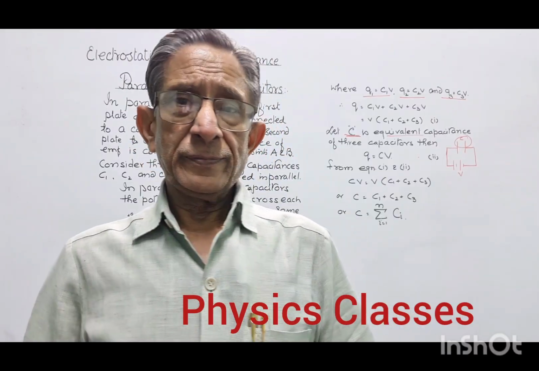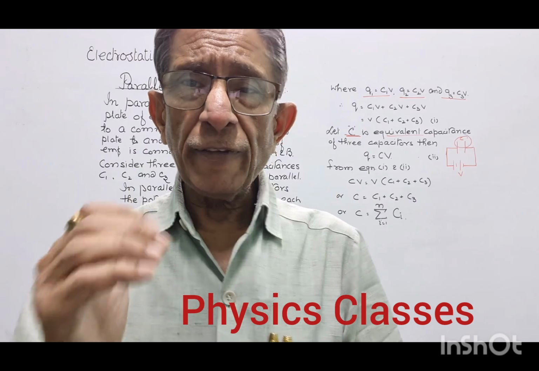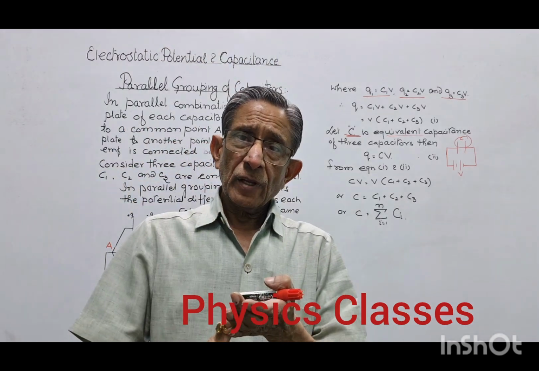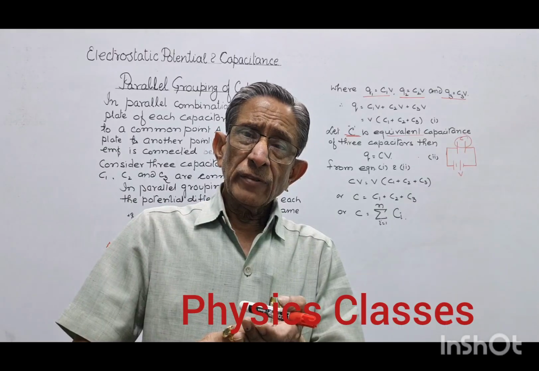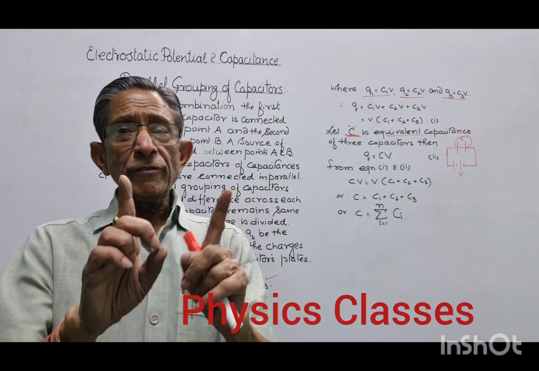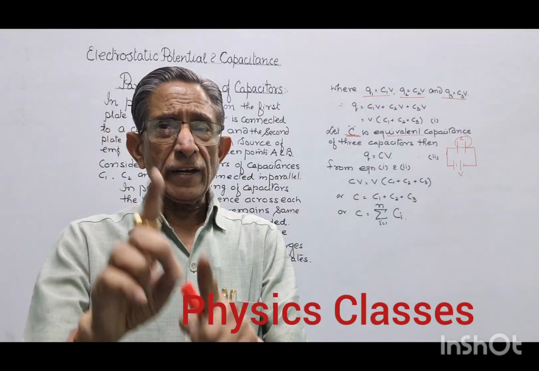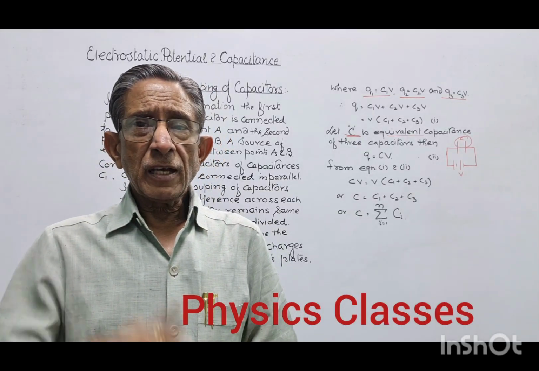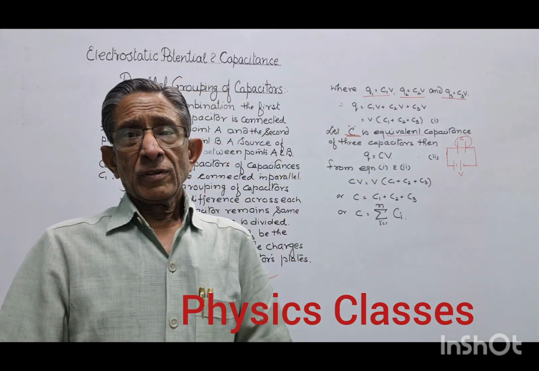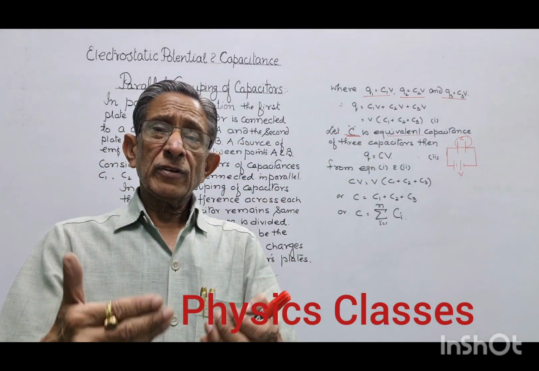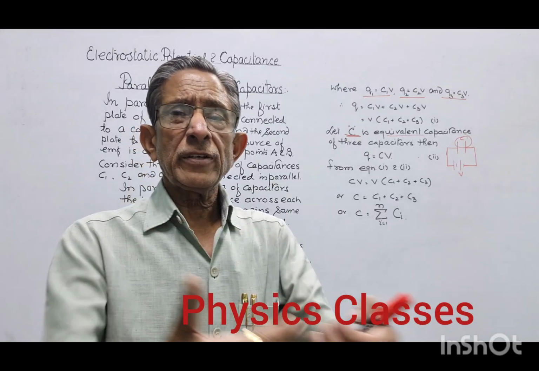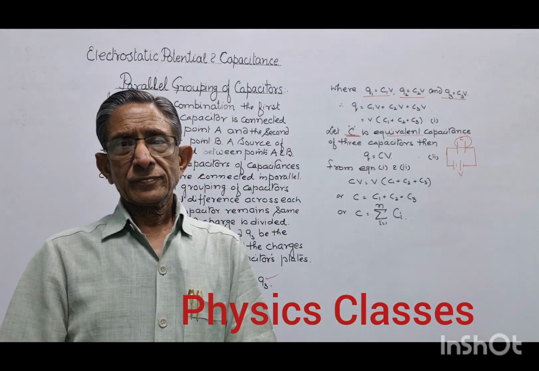We can say in parallel grouping of capacitors, the equivalent capacitance will be more than the largest capacitor. Because we are connecting 2 and 3 microfarad in parallel, the resultant is coming 5. So 5 is greater than 3. So the resultant capacitance is more than the largest capacitance present in the combination.